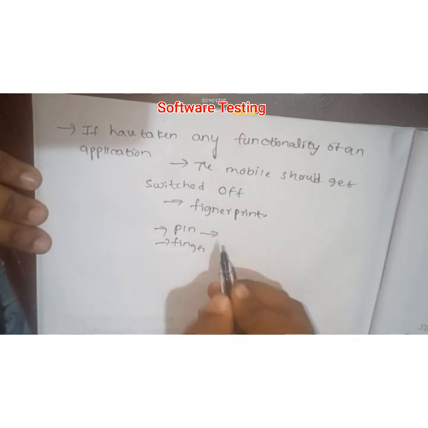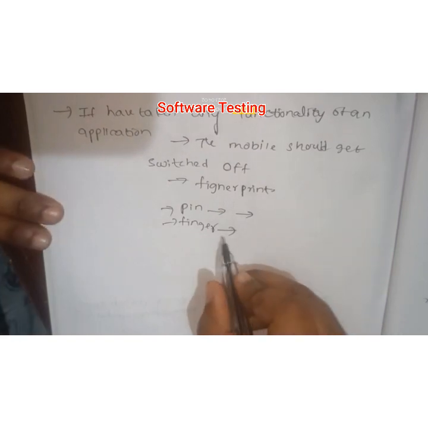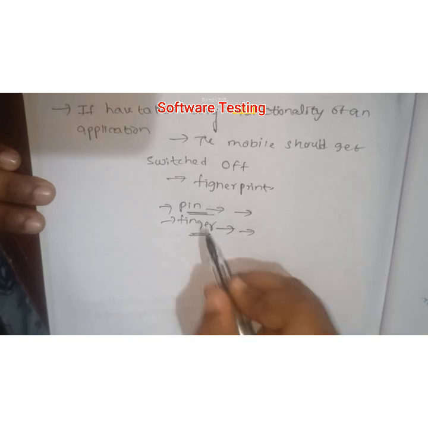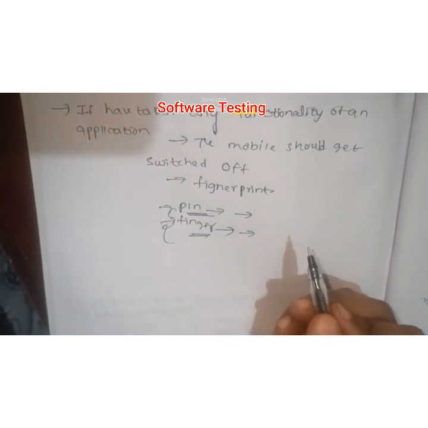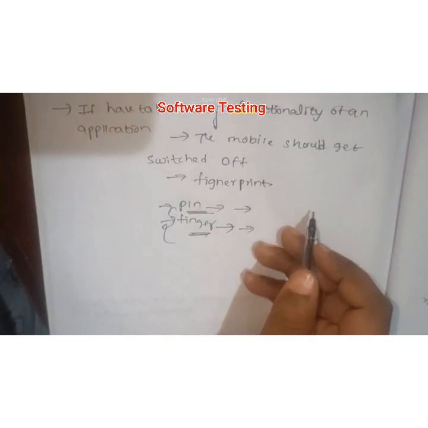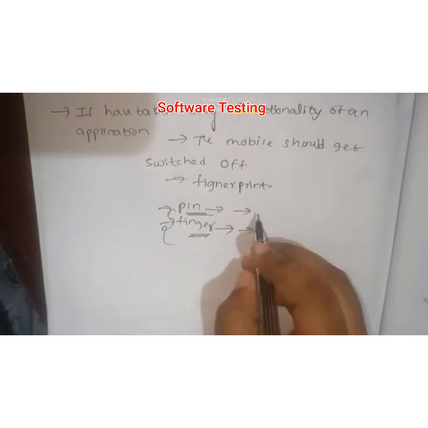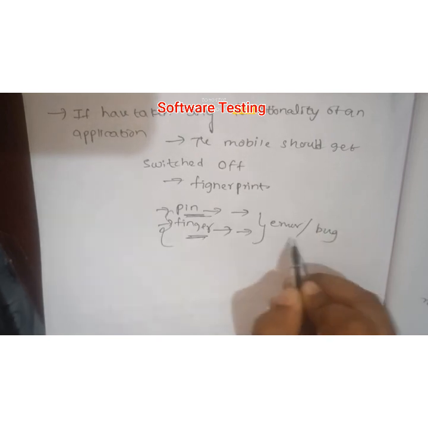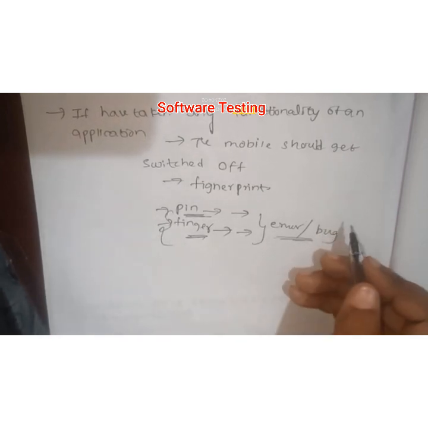If you enter the pin, the app should open. If we scan the fingerprint, the app should open. But if we enter the pin or scan the fingerprint, and in both conditions the application is not opening, then what's the reason behind that? The reason may be an error or bug which is stopping the app from opening.